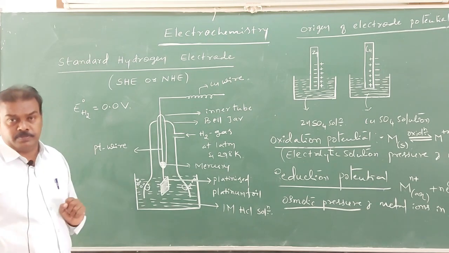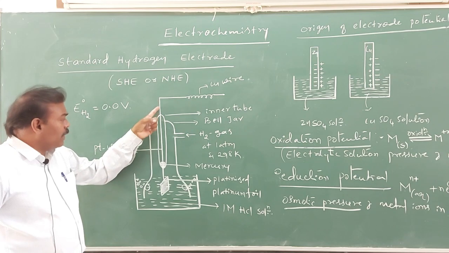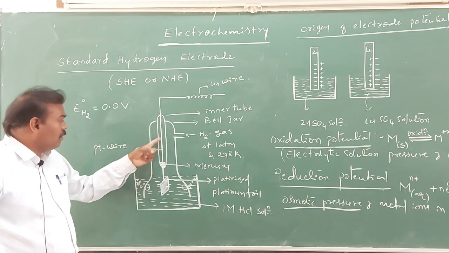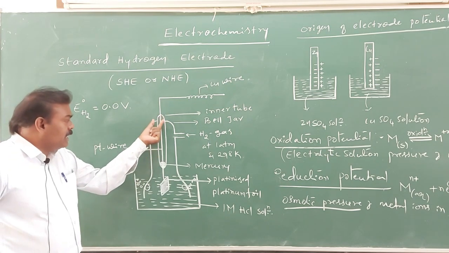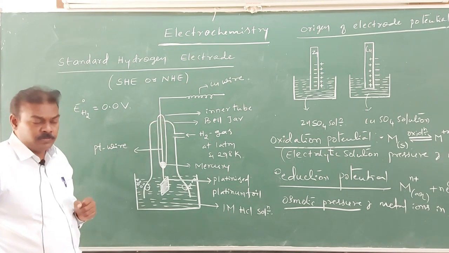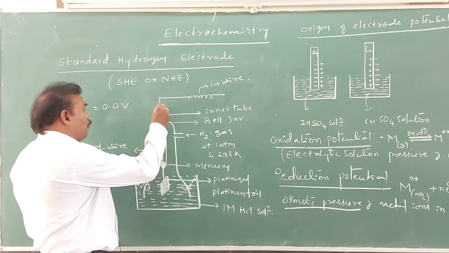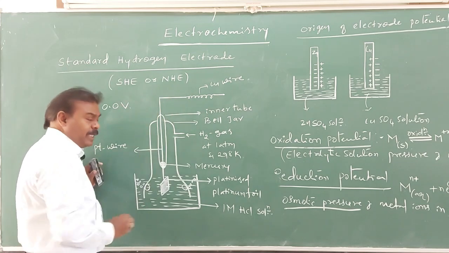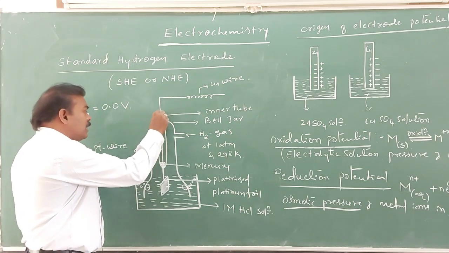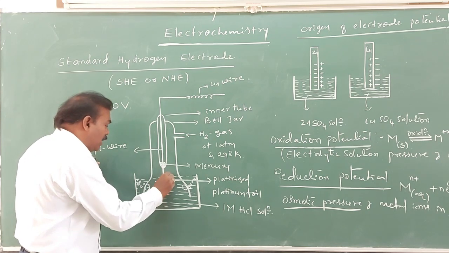Very important it is. First of all, we have to take a platinum wire, and it is sealed in a glass tube. The top end of the glass tube is connected to a copper wire for better conductivity, and the bottom end of this platinum wire is connected to a platinum foil.